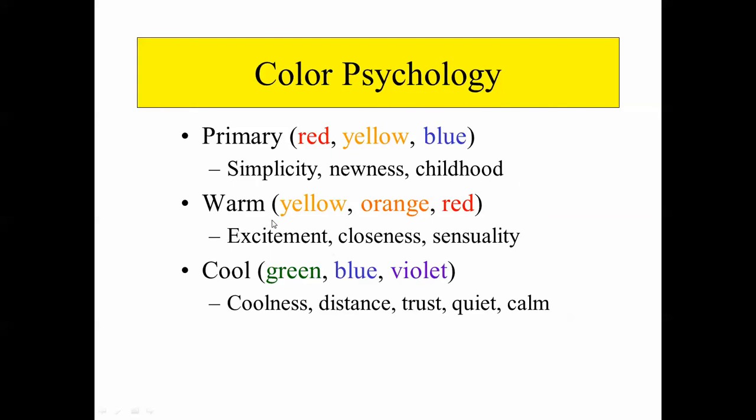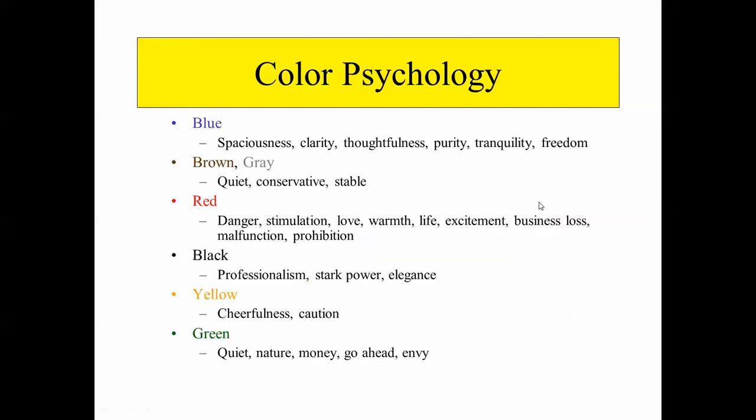So warm colors are usually yellow, orange, and red, and they denote excitement and closeness and sensuality. Cool colors, green, blue, and violet, denote coolness, distance, trust, quiet, and calm. There's more to that too. Blue is spacious, clarity, thoughtfulness, purity, tranquility, freedom.